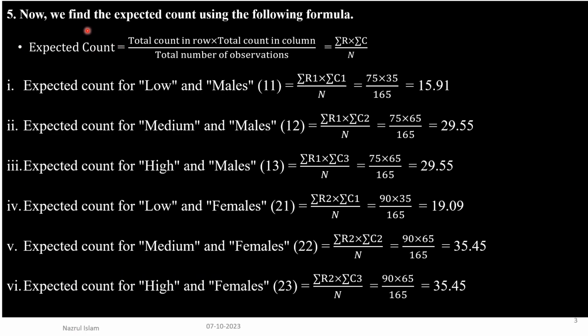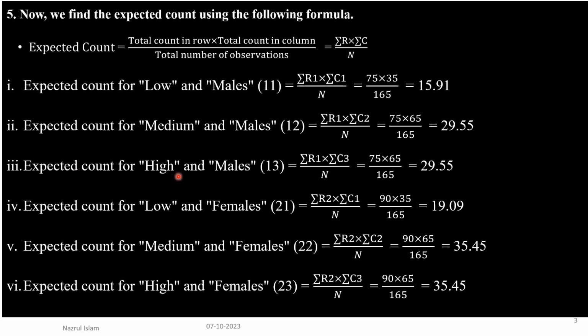Step 5, now we have to find the expected count using the following formula. As you know, expected count for the chi-square test is summation row multiplied by summation column divided by n. On the basis of this, we find out the expected counts. For low and males, that is 1 1, the value is 15.91. Expected count for medium and males, that is 1 2, 29.55.